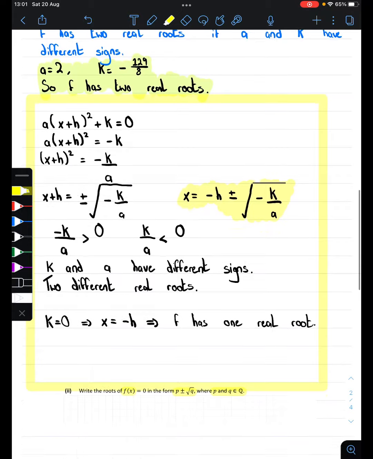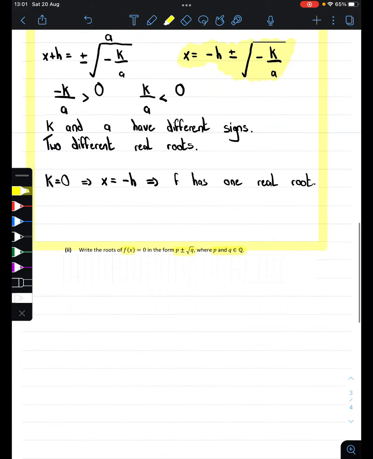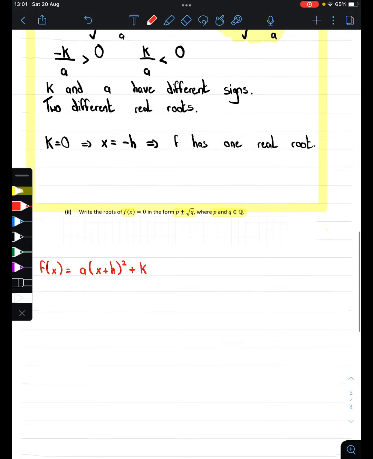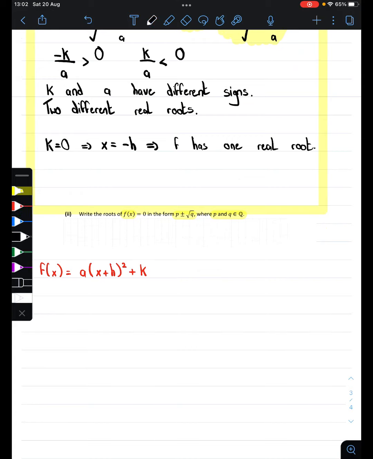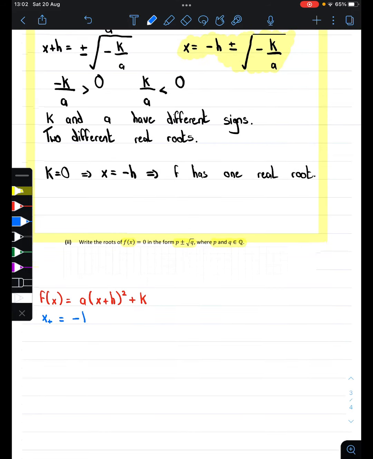So in general, if we have our function f of x equals a times (x plus h) squared plus k, just the general form, then the roots are: x plus is minus h plus the square root of minus k over a, and the other root is minus h minus the square root of minus k over a.